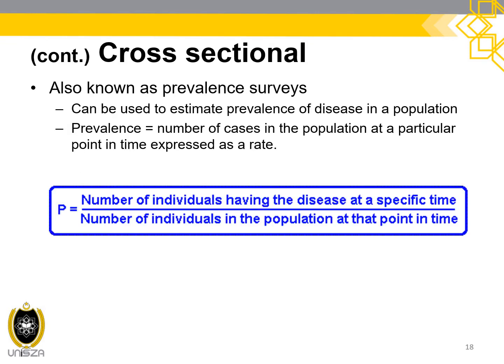Cross-sectional study is also known as prevalence study because it can be used to estimate prevalence of disease in a population. So, if we remember back, prevalence is the number of cases in the population at a particular point in time, expressed as a rate. So, prevalence is equal to the number of individuals having the disease at a specific time divided by the number of individuals in the population at that point in time.